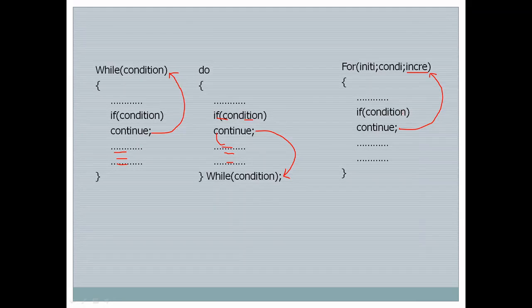The control is transferred to that particular section, and the control variable may be incremented or decremented, and again the loop starts its next iteration. So all the statements in the current iteration are skipped, and it continues with the next iteration in the for loop. Okay, this is how a continue statement can be used with different kinds of loops.